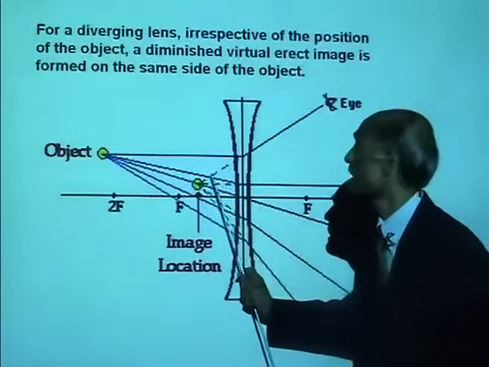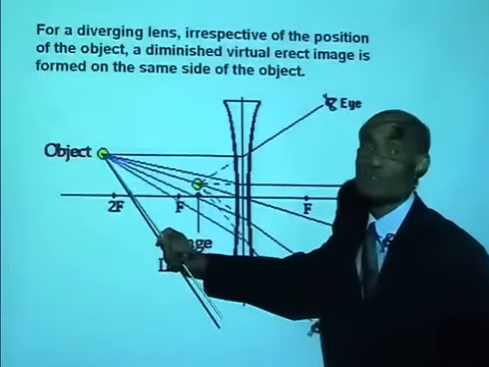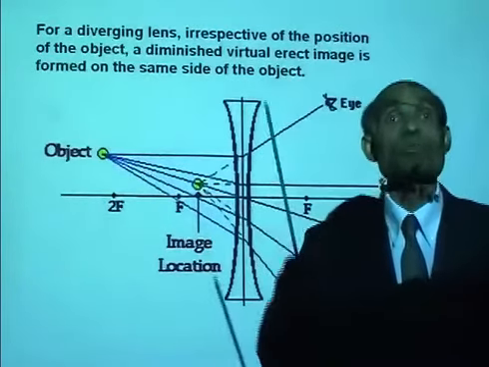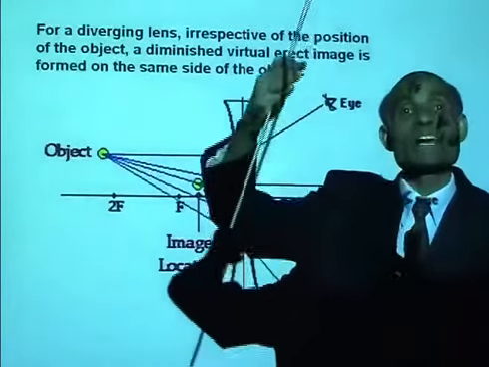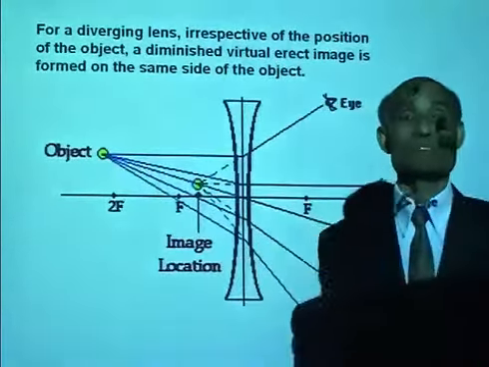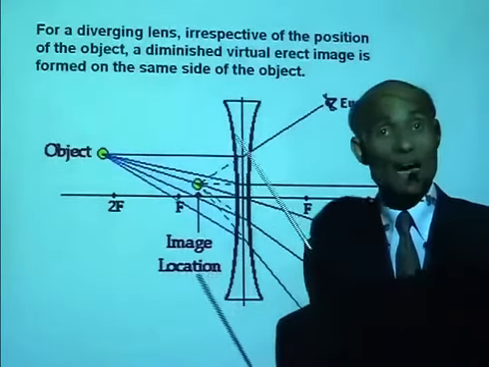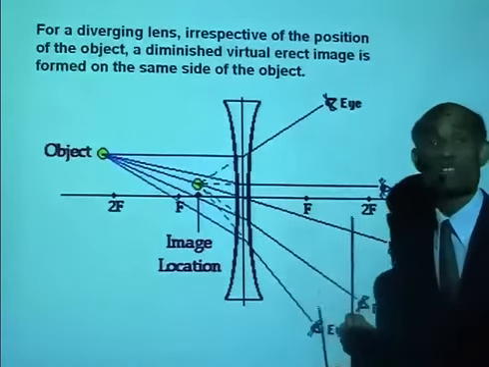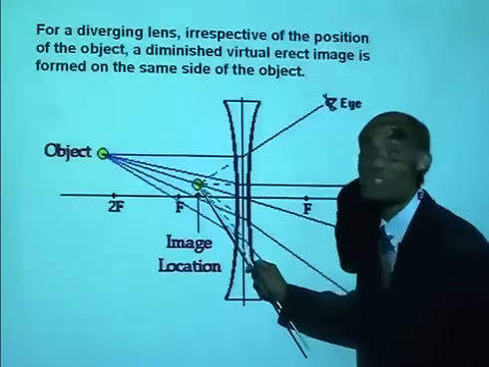If this is the object, you can see a diverging lens cannot form a real image, because the refracted rays that get diverged can never meet at a point. A real image can be formed only if the refracted rays meet at a point. For a diverging lens, that can never happen, so the image formed will be virtual.